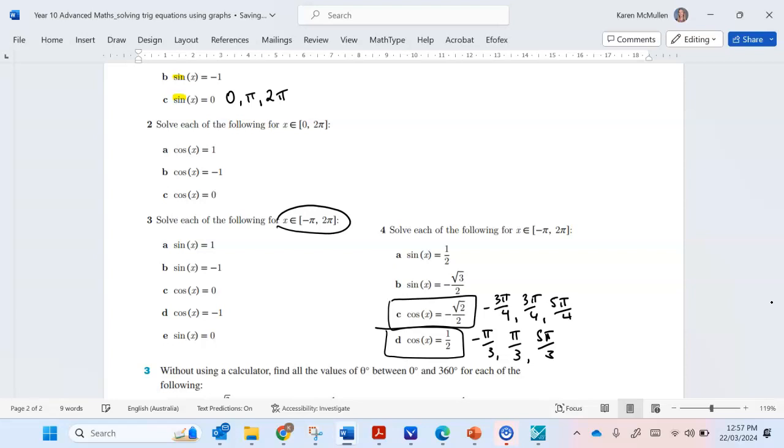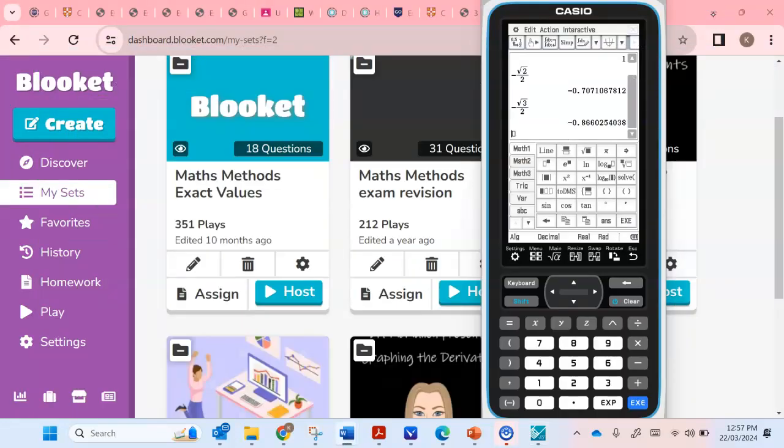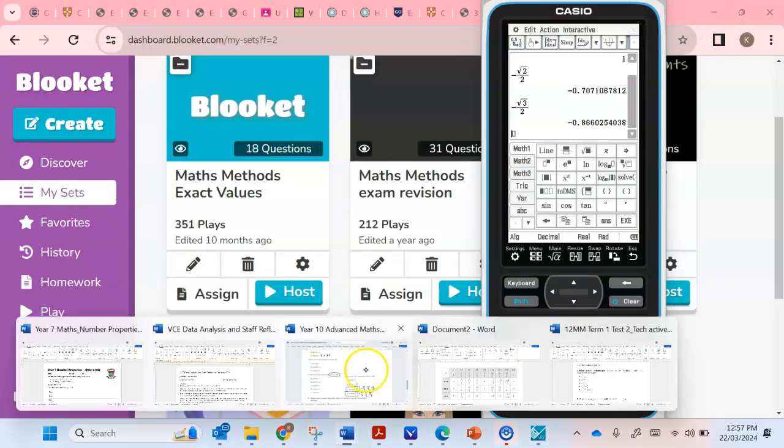All right, let's have a look at the one above it. So negative root 3 on 2. All right, so we get negative 0.866. So let's just say it's close to somewhere halfway between 0.8 and 0.9. Oops, sorry guys. Did the same thing before.